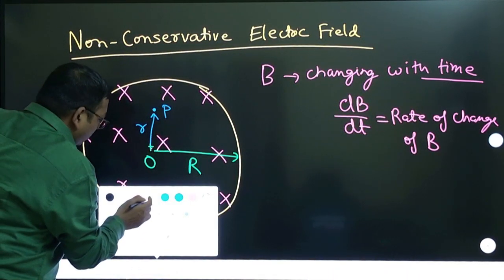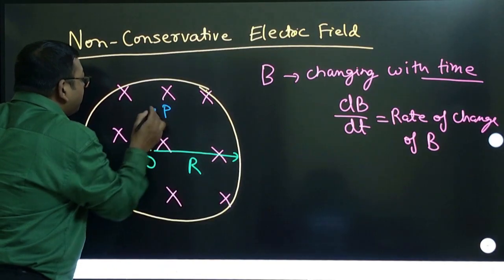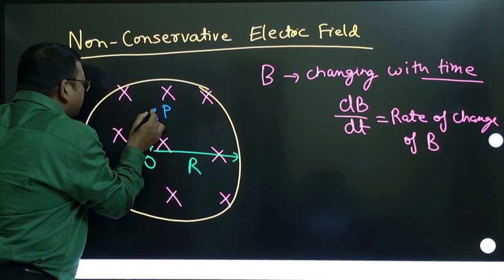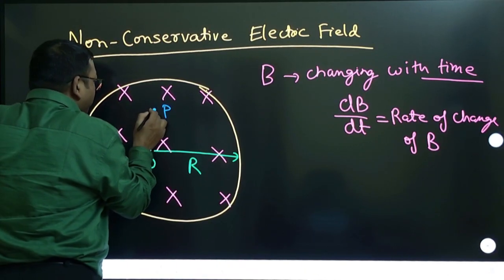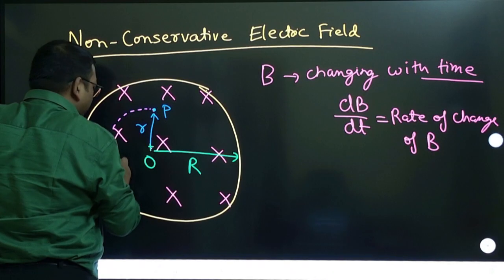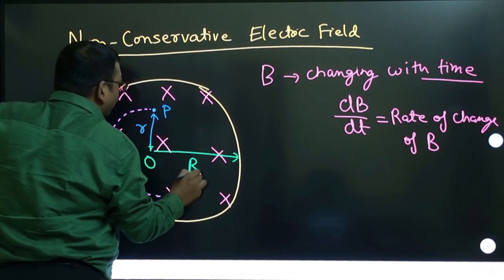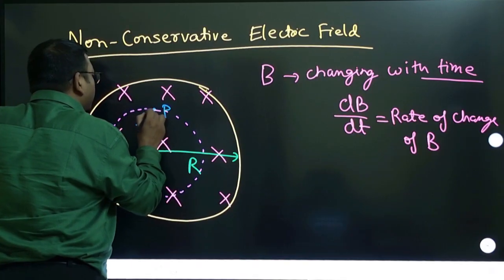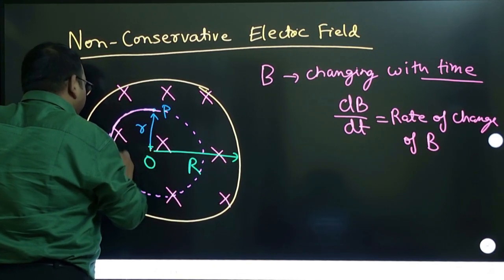What happens is that a circular electric field will be produced here. So you can draw a circle.